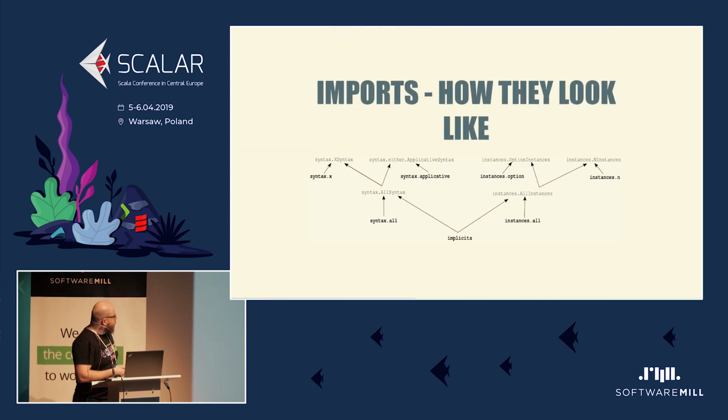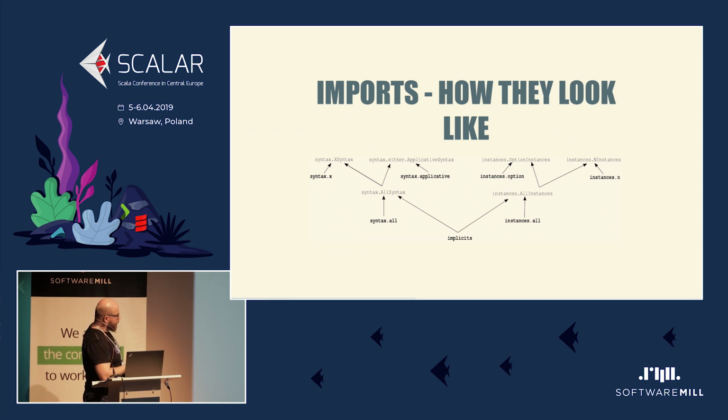So here again is the hierarchy. It's a bit hard to see on the screen, but I'll try to explain it. Generally, I've removed the cats qualifier. So this is cats.syntax, for example, right? Generally, you have the trees for the syntax and for the instances. Non-bolded things are traits, and the bolded ones are singleton objects. As you can see, everything that provides the syntax or the instances is first made a trait.